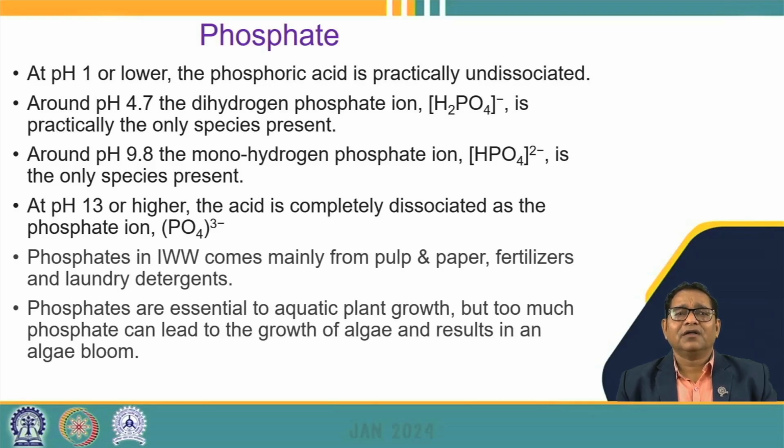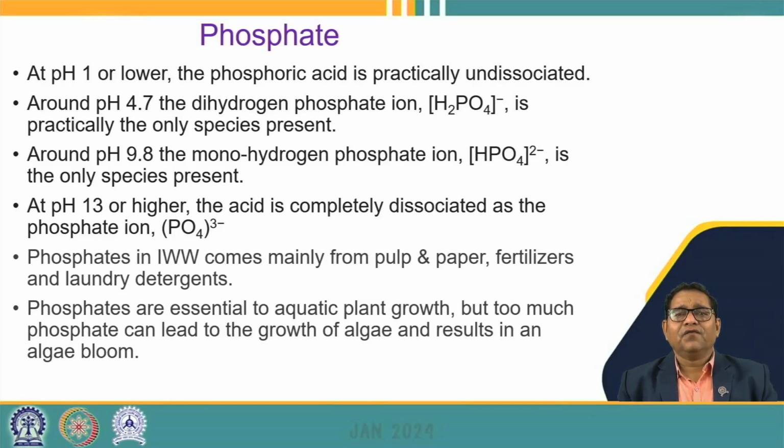is practically the only species present at this pH. Around pH 9.8, phosphate is present in the form of monohydrogen phosphate ions, which is the only species present. At pH 13, the acid is completely dissociated as phosphate ions.